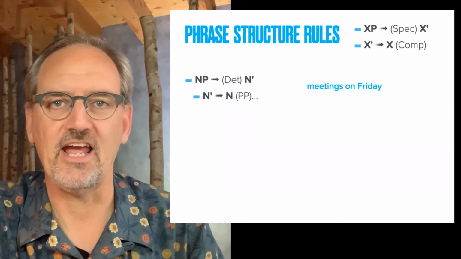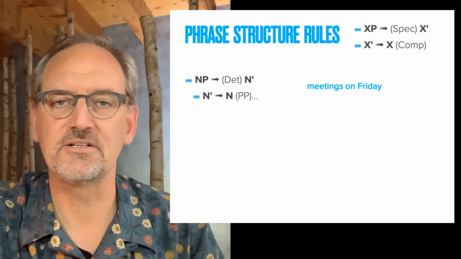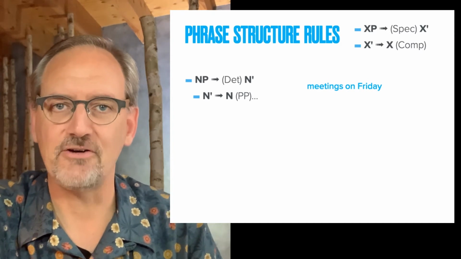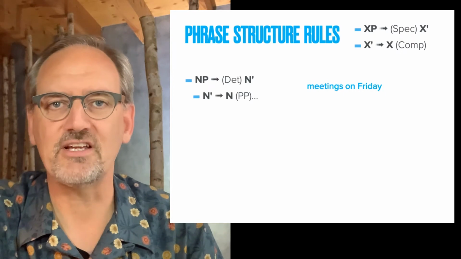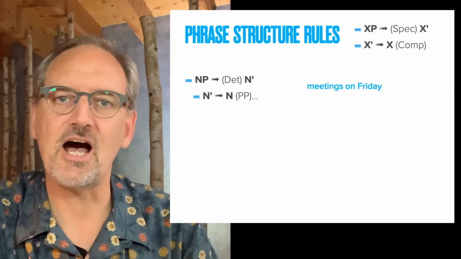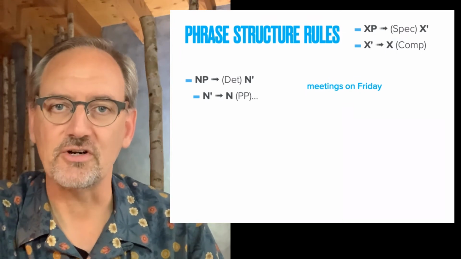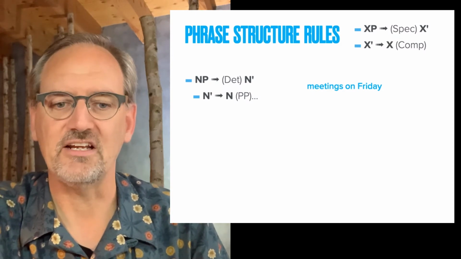Meetings on Friday, where on Friday is a prepositional phrase, on is a preposition, Friday is actually a noun phrase inside the prepositional phrase, but for now we can simply recognize it as a prepositional phrase that is the complement of meetings. It completes the idea, or it completes the meaning expressed with meetings.